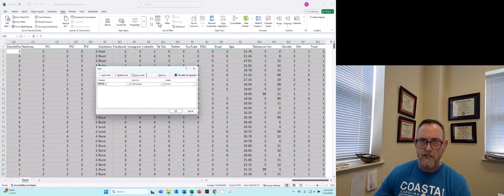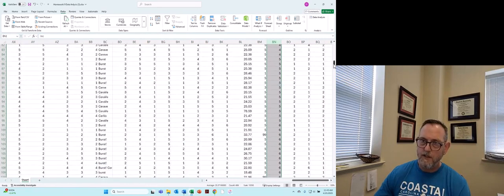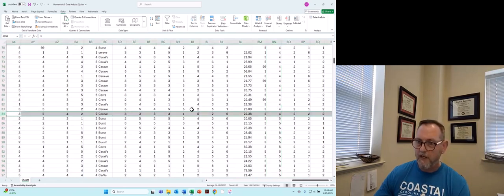We can sort all this data by the actual column, which is column BN, or if you want to use the label, it's income. So by income, from smallest to largest. If we do that, now we look at this column, and at this point you could say, okay, anybody 4 and under makes 40,000 or less.